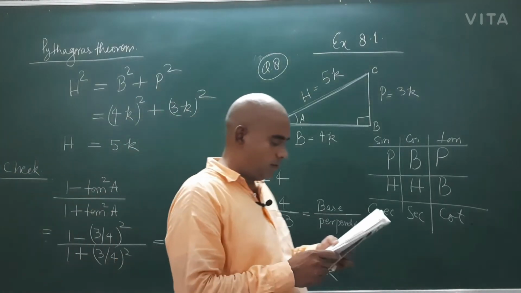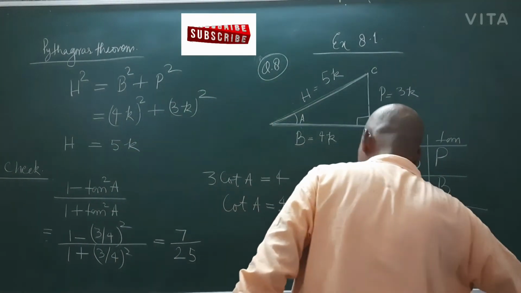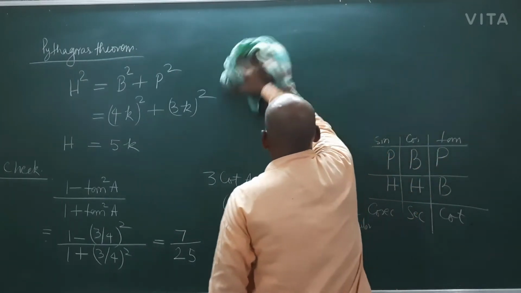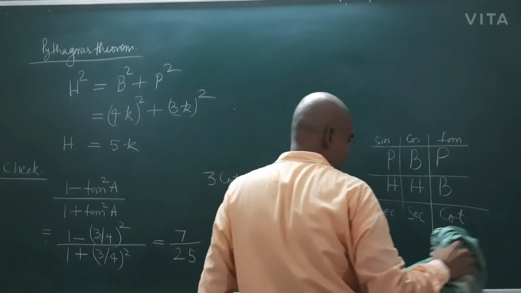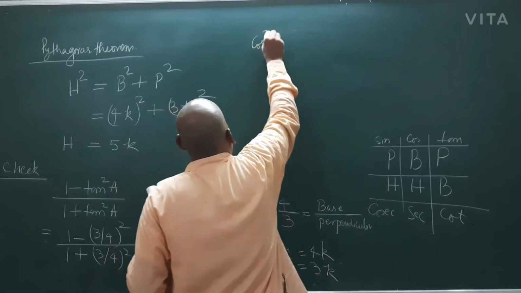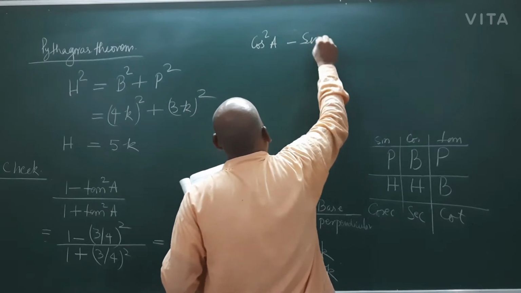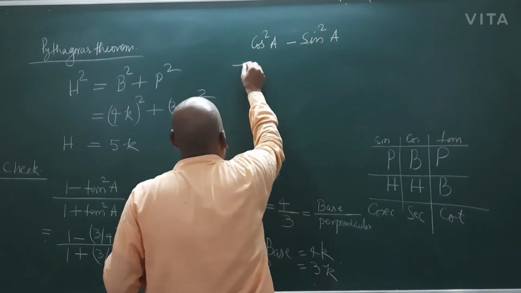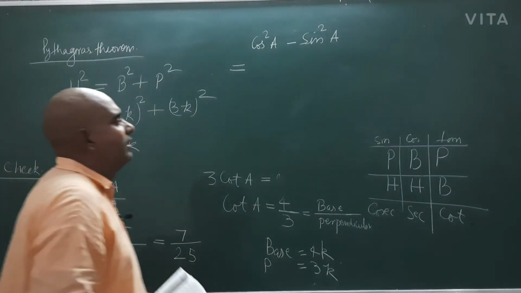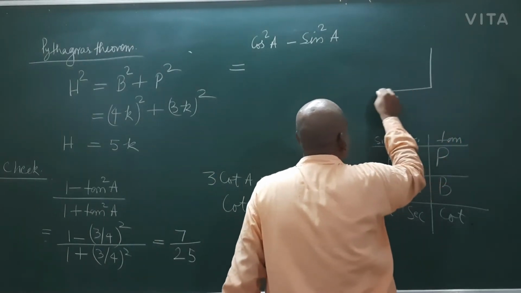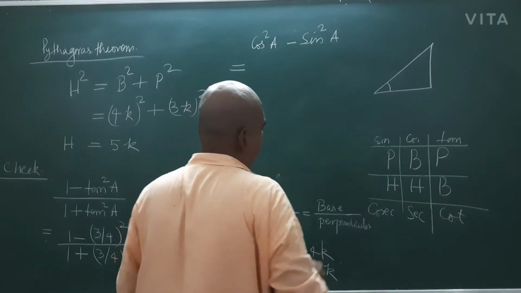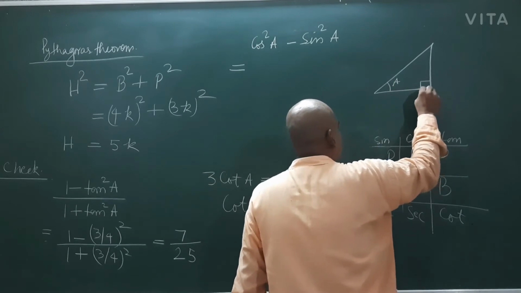And then solve the value of cos square A minus sin square A. Oh yes, I have erased the figure. The figure was like this: this was A, this was 90 degrees.